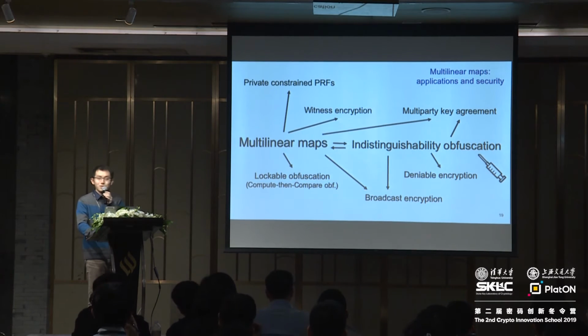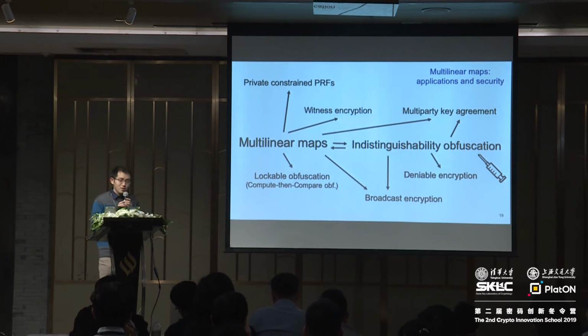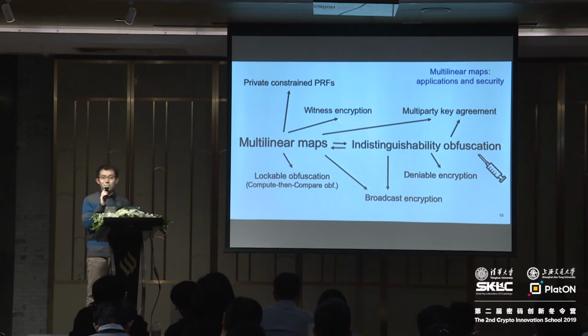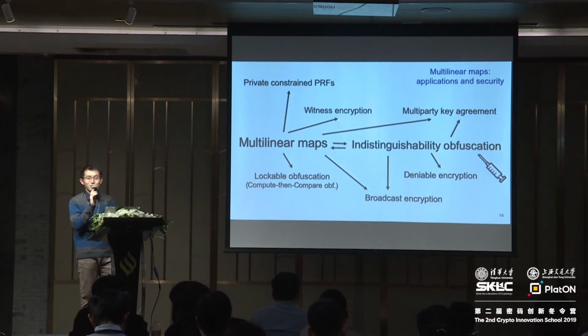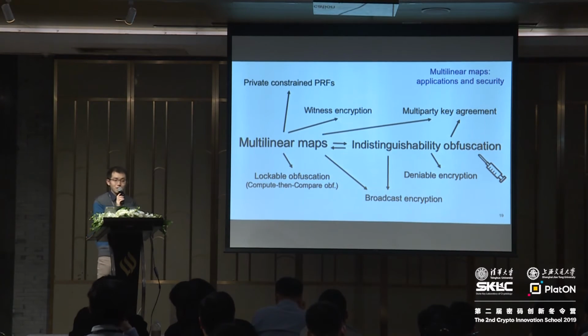So what's the landscape of the whole implication of multilinear maps and obfuscation and all the applications? Unlike homomorphic encryption, for which we know two major constructions that are as secure as LWE, for multilinear maps we should think of them really as an abstraction or a framework.